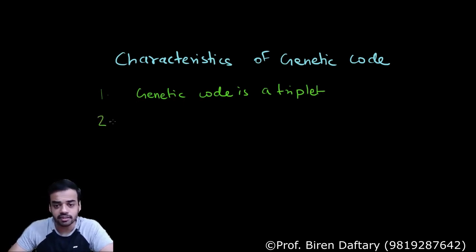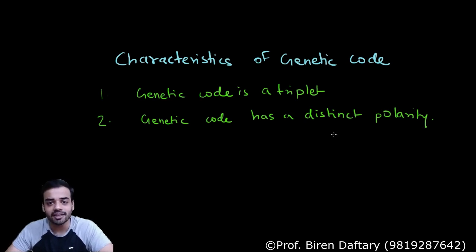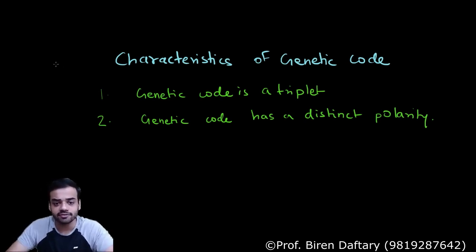Coming to the second point, the second characteristic is that the genetic code has a distinct polarity. Now what is the meaning of polarity? Polarity is a direction. Normally the direction in which we read DNA or RNA is 5 prime to 3 prime.